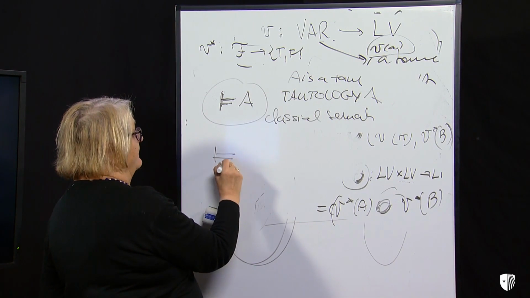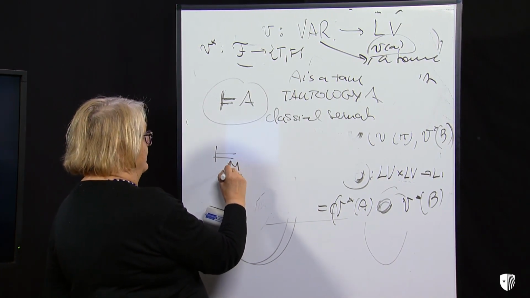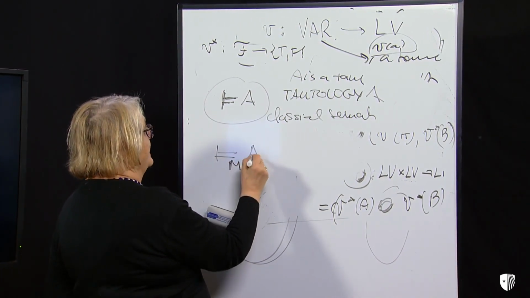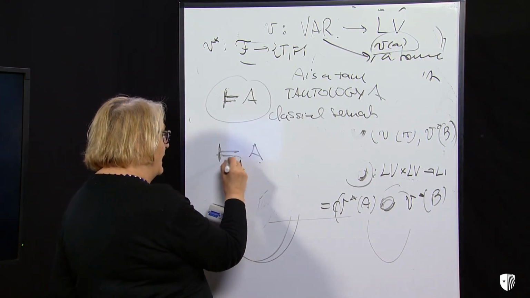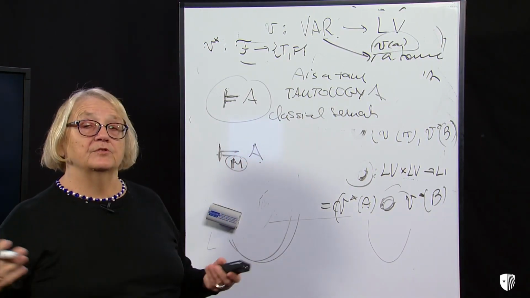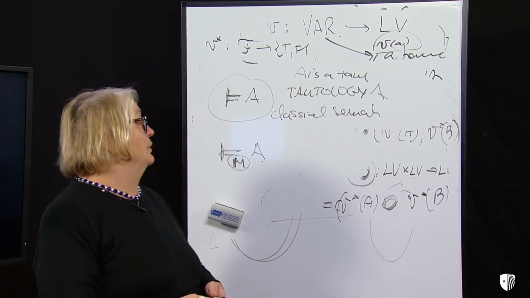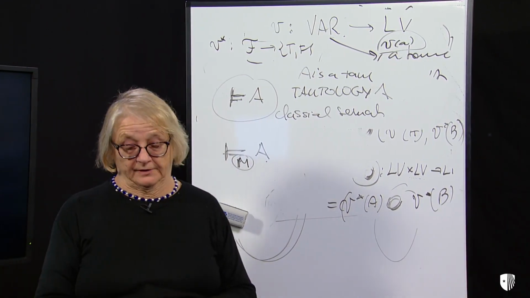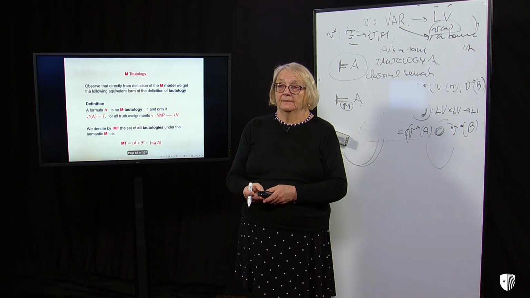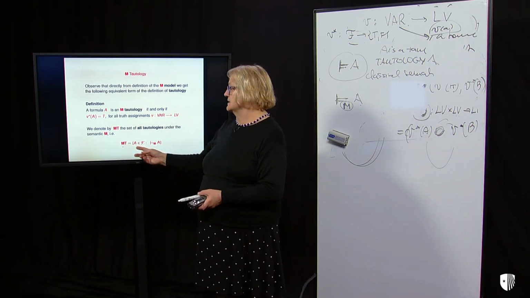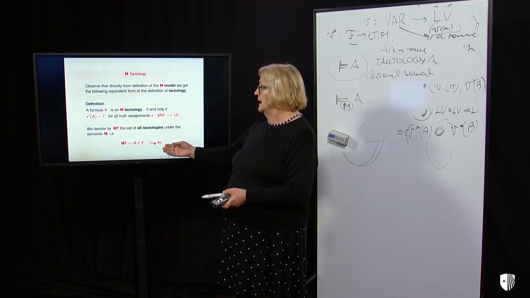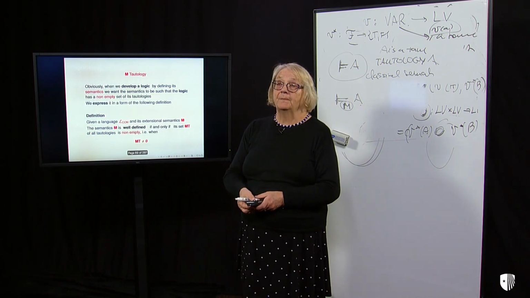And for other semantics, we put M here. So it says A is a tautology under semantics M, because it's different from classical. We use only that symbol for classical tautology. And then we can have the set MT, the set of all tautologies under the given semantics.